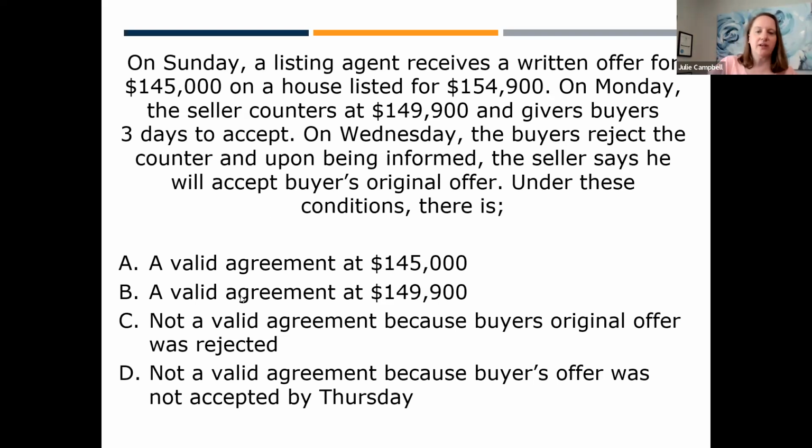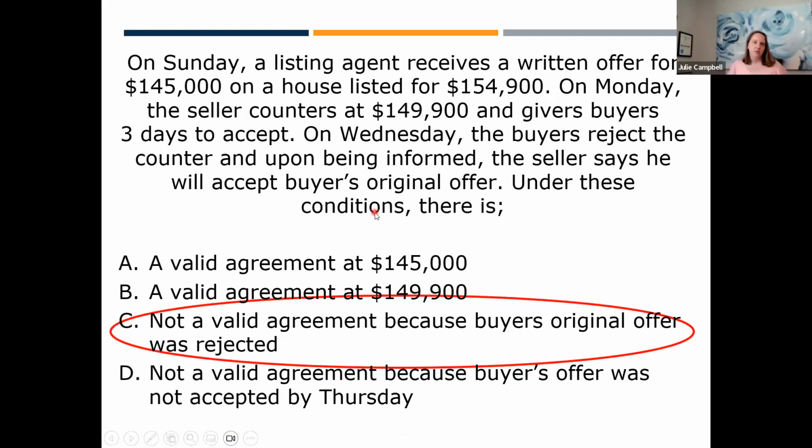Under these conditions, we have nothing, because a counter offer is a rejection. A counter offer is a rejection. So when that seller countered at $149,900, the original offer was dead on the table. You can't go back.